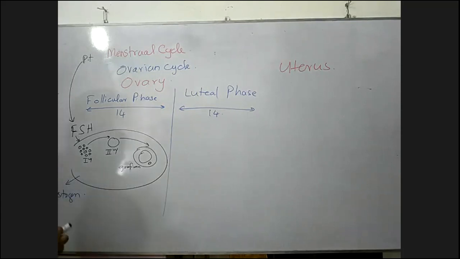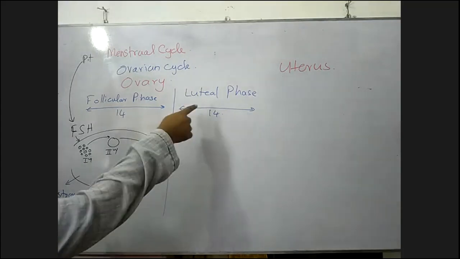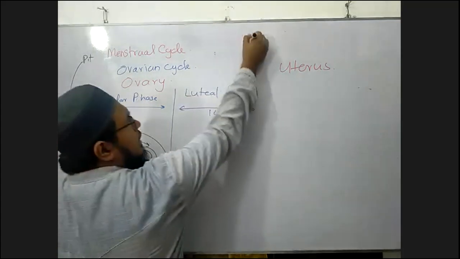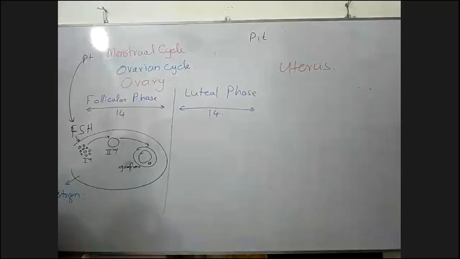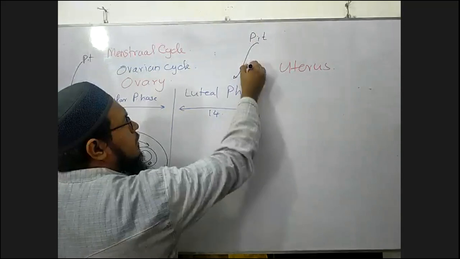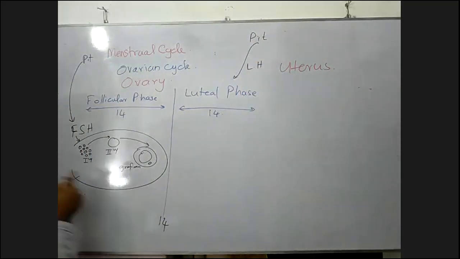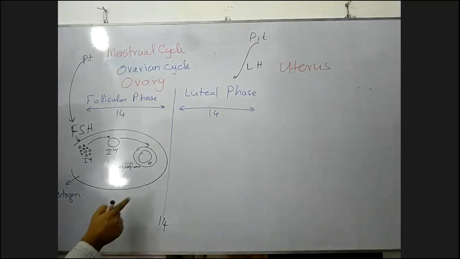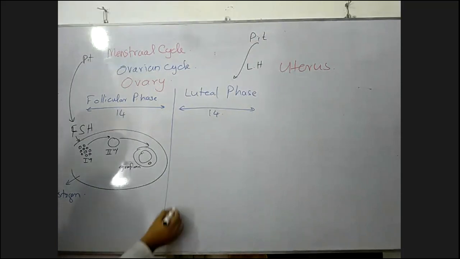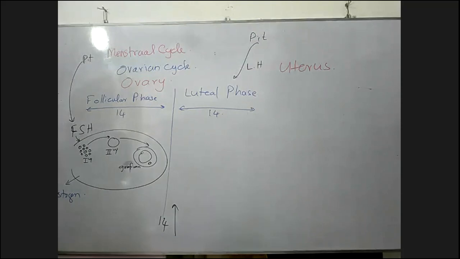Then the next 14 days, the luteal phase. During the luteal phase, the pituitary gland of the brain will produce LH hormone. The first day, second day, third day, fourth day, fifth day, and on the 14th day, the LH hormone will be very high. On the 14th day, we call it the LH surge. There will be a very high amount of LH hormone coming.